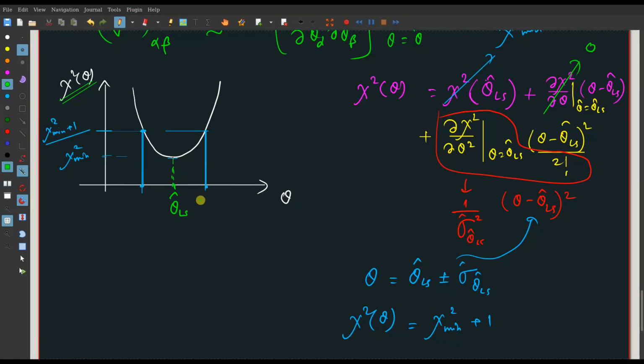So this is theta LS plus sigma theta LS hat, and this is theta LS minus sigma theta LS.